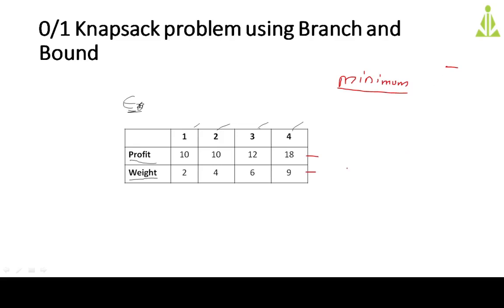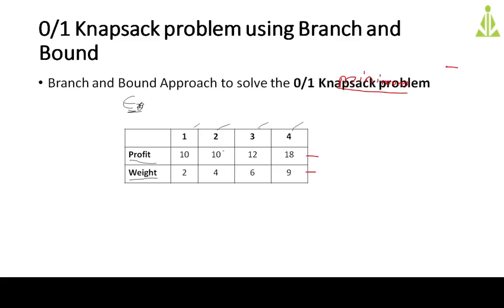For this, how will we get the cost and profit? Whenever you solve branch and bound, here m is the bag capacity and n is the number of items.